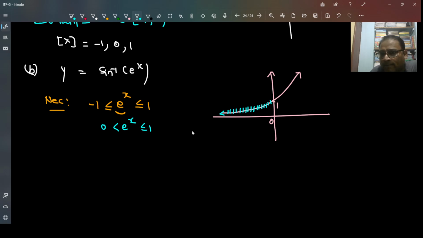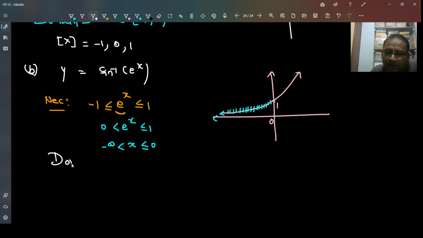So we have to find those x where it is less than 1 and approaching 0. So 0 to 1. These values are possible because at the point 0 the value is 1. So 0 is included. So from here we get x is less than or equal to 0. This is the domain of the function sine inverse of e power x.